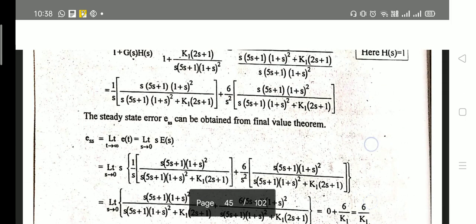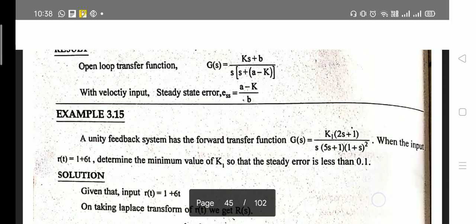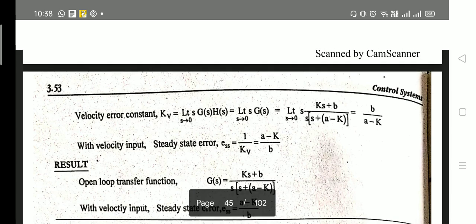Any doubts? Tell me. From these two topics, one problem is compulsory. One or two problems also came in the external. Last year paper, from these two topics, two problems came.